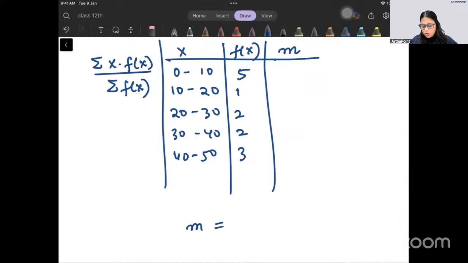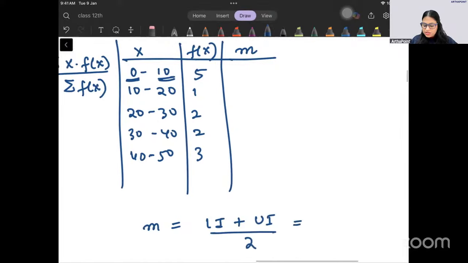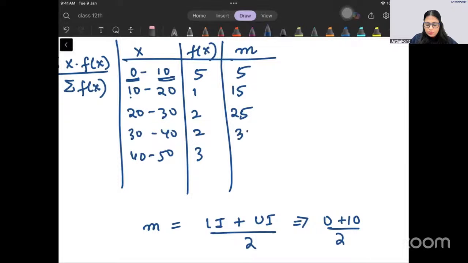Midpoint is lower value plus upper value divided by 2. तो माने first का midpoint हो जाएगा 0 plus 10 by 2, 10 by 2 is 5. Then 10 plus 20, 30 by 2, 15. 20 plus 30, 50 by 2, 25. 70 by 2, 35. 90 by 2, 45.